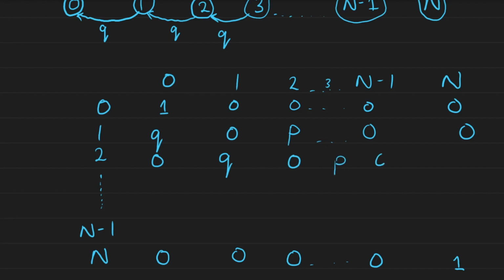We can see that there is obviously a trend developing here, where we have p's going along the diagonal, and the probability of going from n minus 1 to n is p. And then q goes on the other diagonal, from n to n minus 1.